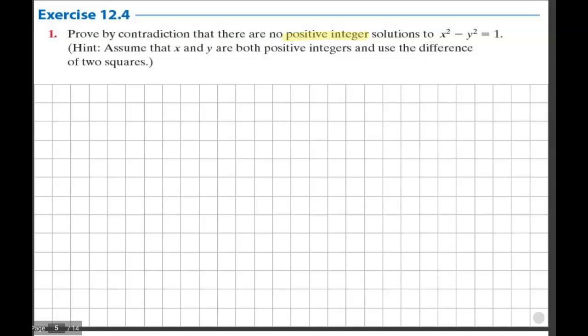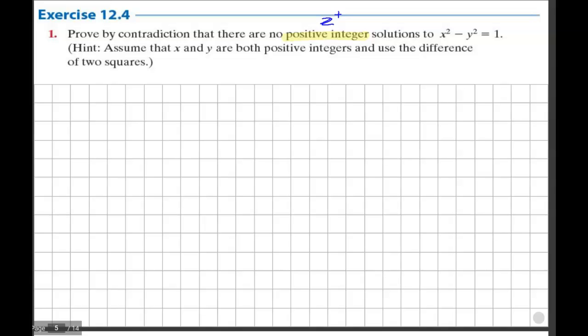If we were to use a symbol to describe this set, it would be the Z sign with a plus just above it. So that is what we mean by a positive integer. We've got to decide whether there are any positive integer solutions, i.e. is there an x and a y that are both positive integers that would fit this statement.